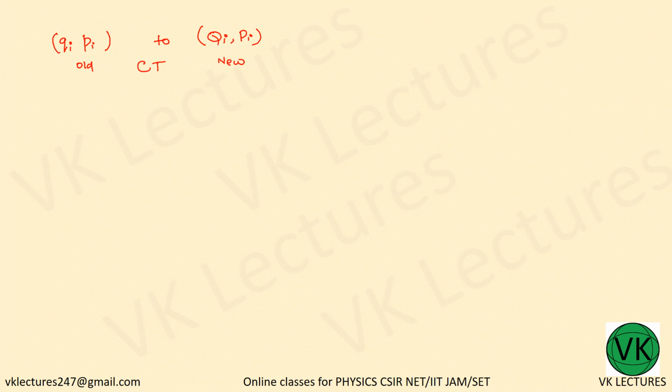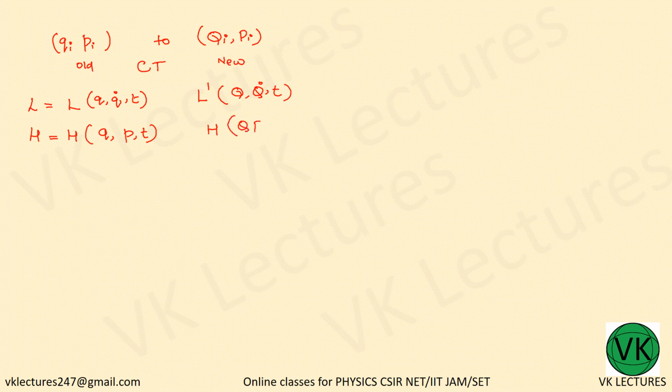Now the Lagrangian L in the old system is a function of q, q dot and t, while in the new system it is L dash of capital Q, capital Q dot and t. Coming to the Hamiltonian, which is a function of q, p and t, in the new system it is capital Q, capital P and t.